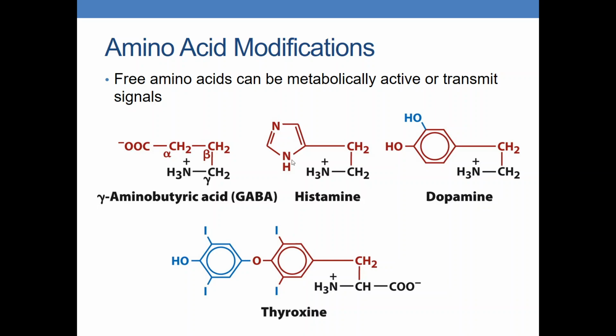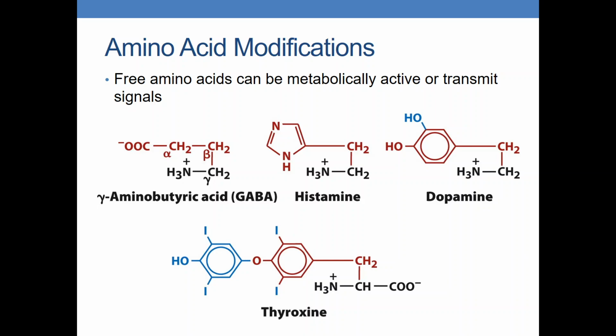Histamine. Here's your imidazole side chain. So here, you can see the side chain being what's left over of histidine. Dopamine looks a lot like tyrosine. You've got your phenol side chain here. Then you've got things like thyroxine that are a little bit more complicated, but you can still see the phenol here, and you can sort of see how these might have come to be.